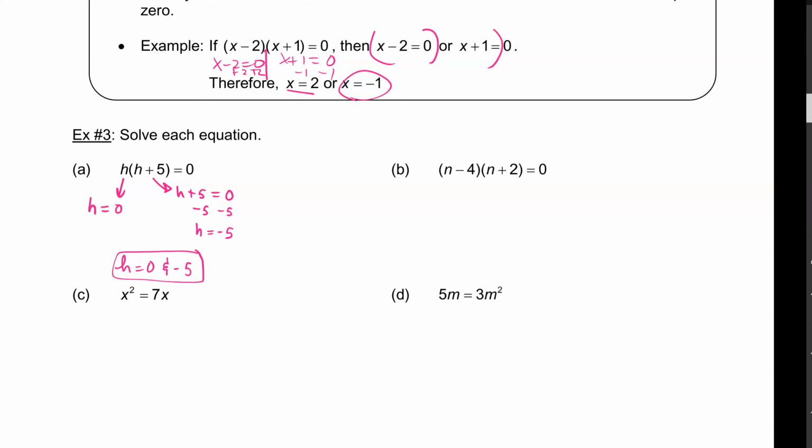If I plug in 0, 0 plus 5 is 5, so you get 0 times 5, which is still 0. Only one of the factors has to equal 0. What if I insert -5? Then -5 times -5 plus 5, I literally get -5 times 0. Only one of your factors has to go to 0.